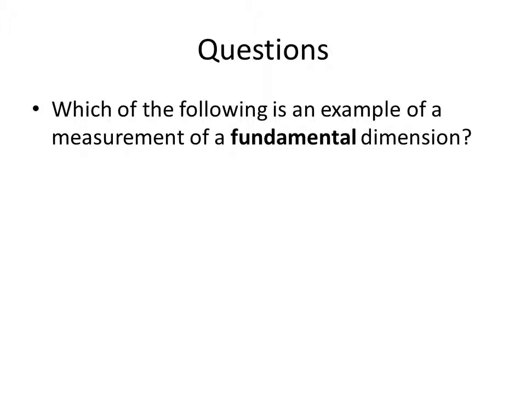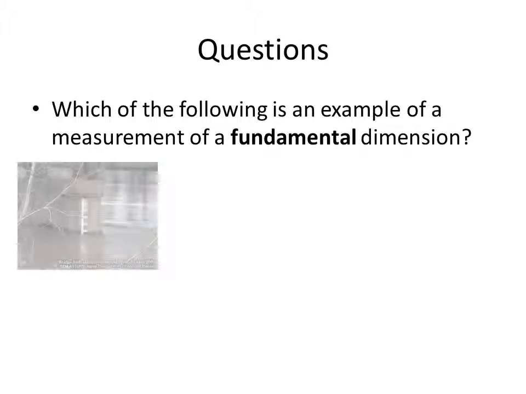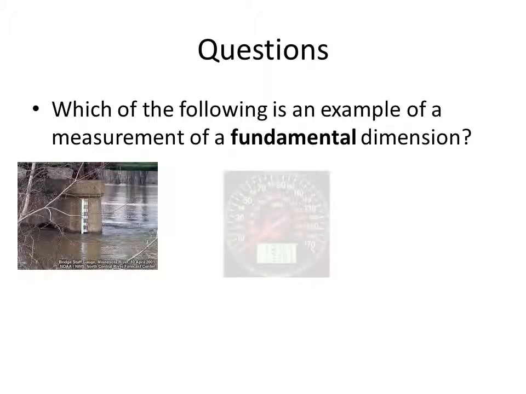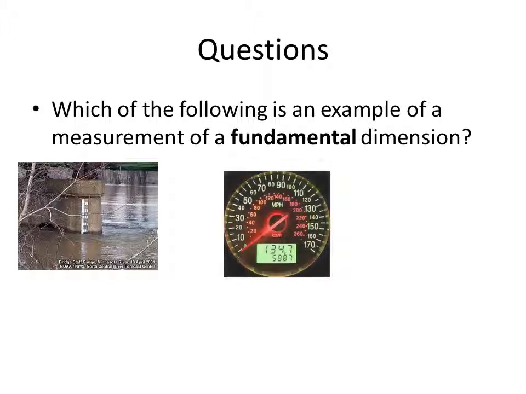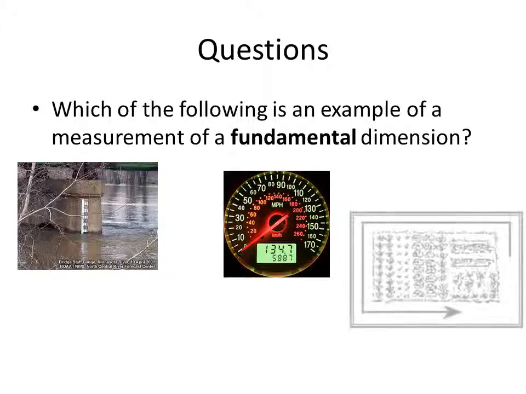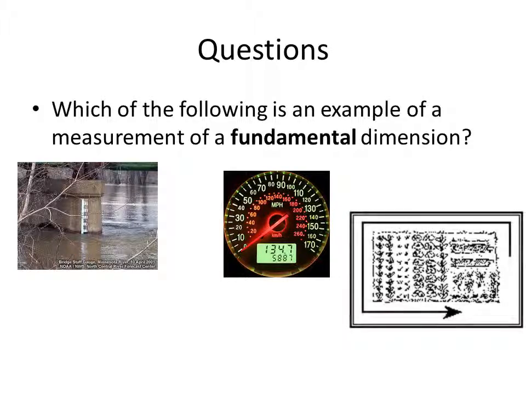The fundamental dimensions, as you'll see, include a variety of things that you'll be very familiar with, but some are used to estimate other things. In this set of photographs, we have a placard, essentially like a ruler, affixed to a bridge abutment that measures the height of the water table. We have a speedometer in the middle that measures the number of miles per hour we're traveling.